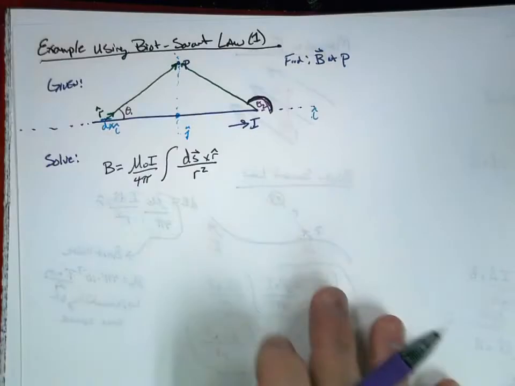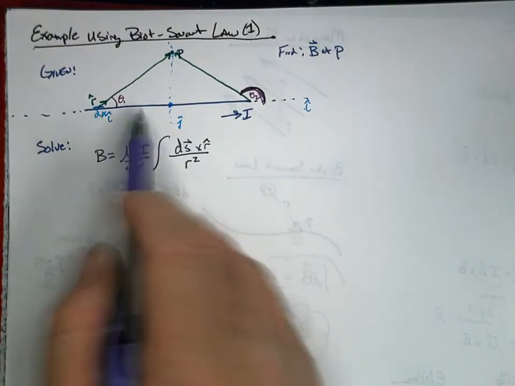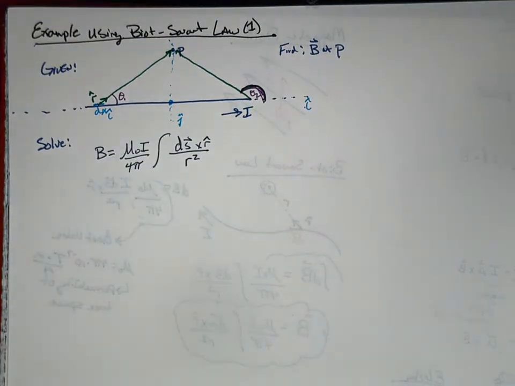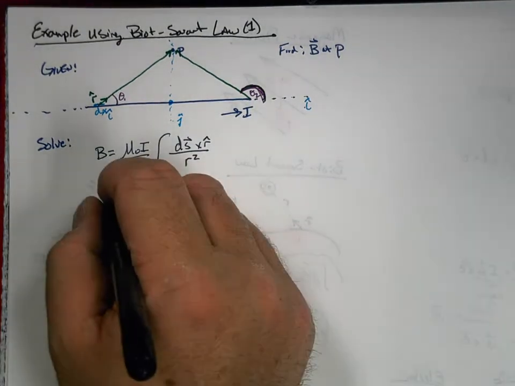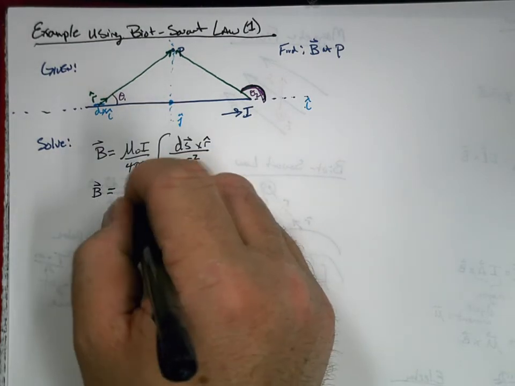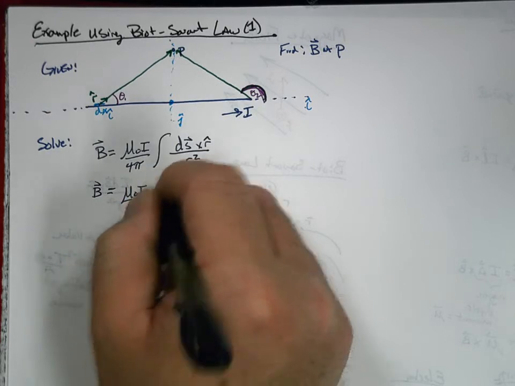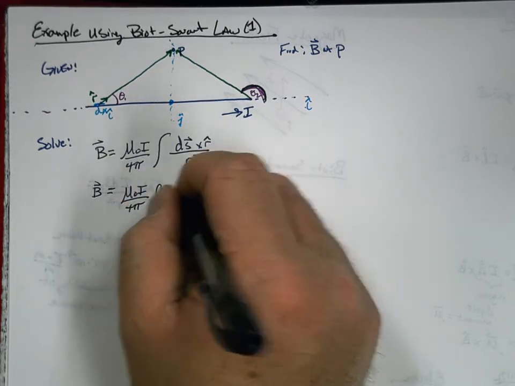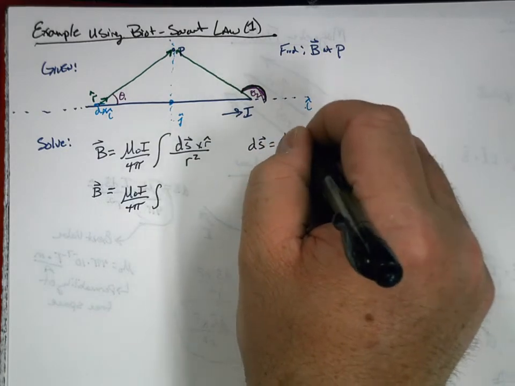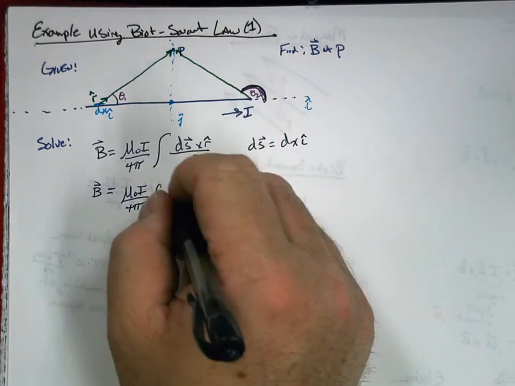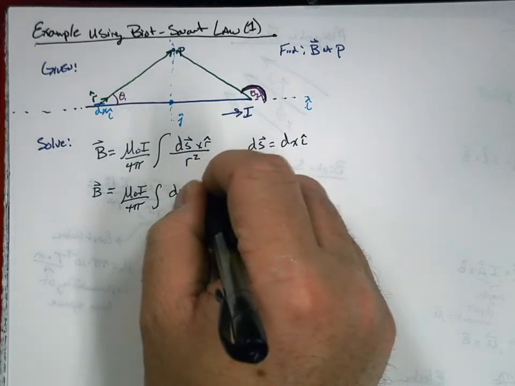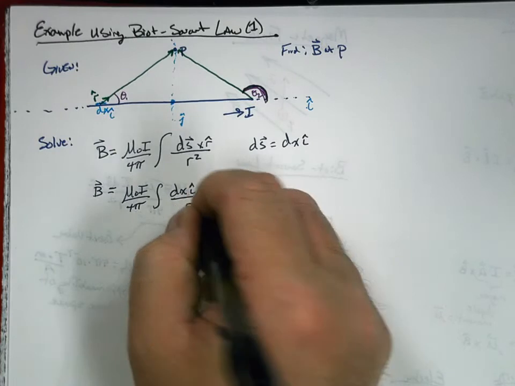Okay, so we can start working our Biot-Savart law. This is a straight line, so our ds is really going to become dx i hat. So this is going to be dx i hat cross r hat over r squared.